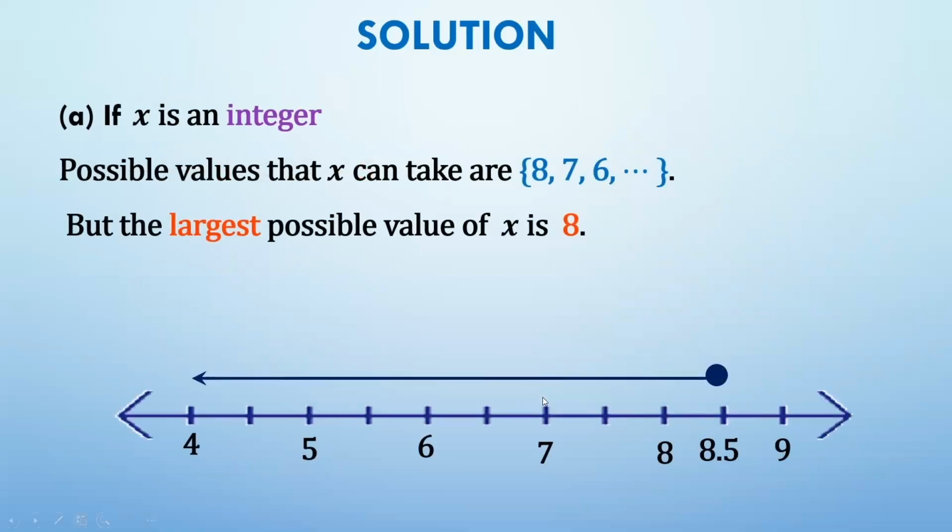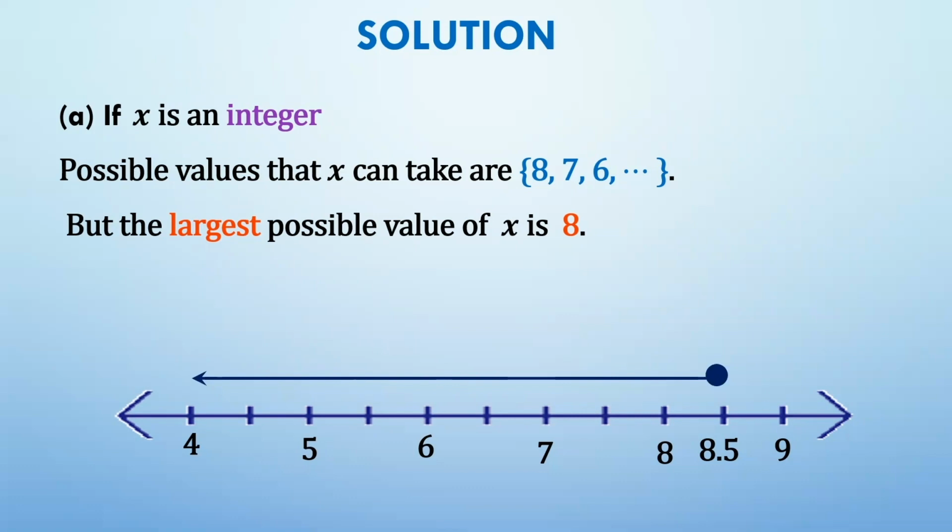So if you look at this number line, x less than or equal to 8.5. This means that x can take all these values to the left of 8.5, including 8.5. However, for part A, we have been asked to find the possible values of x if x is an integer. So x can take as integer values 8, 7, 6, 5, and so on.